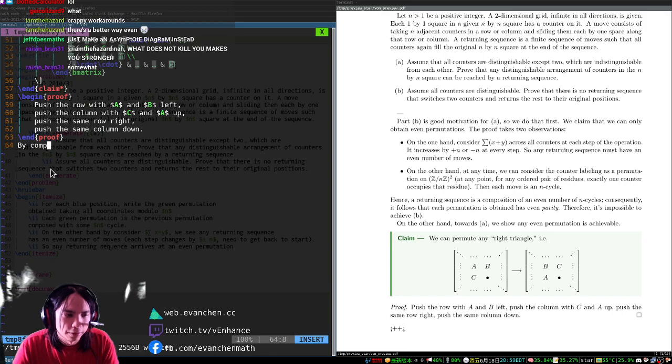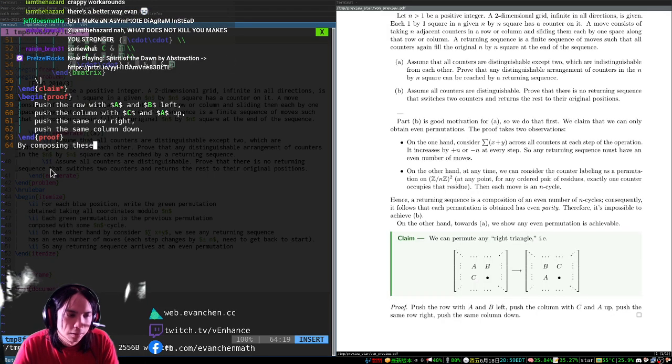By composing these, we also get that the following and symmetric variants are allowed.